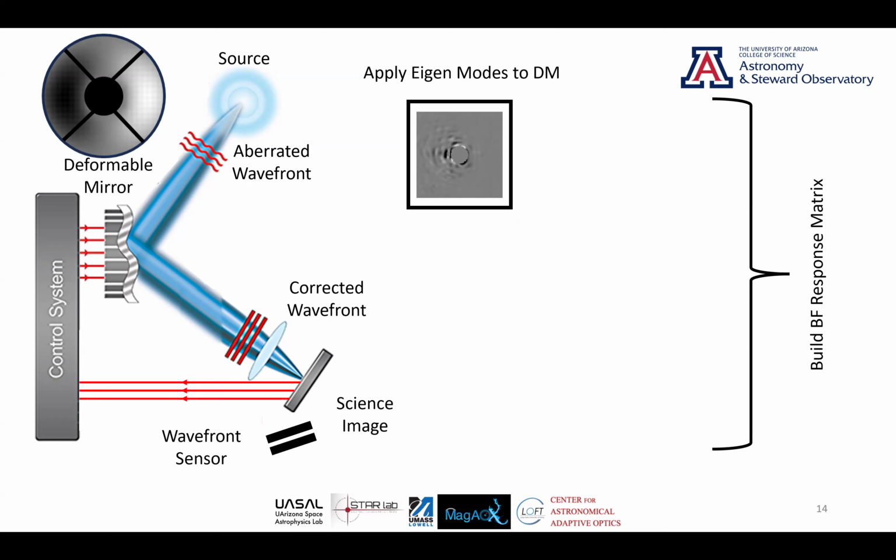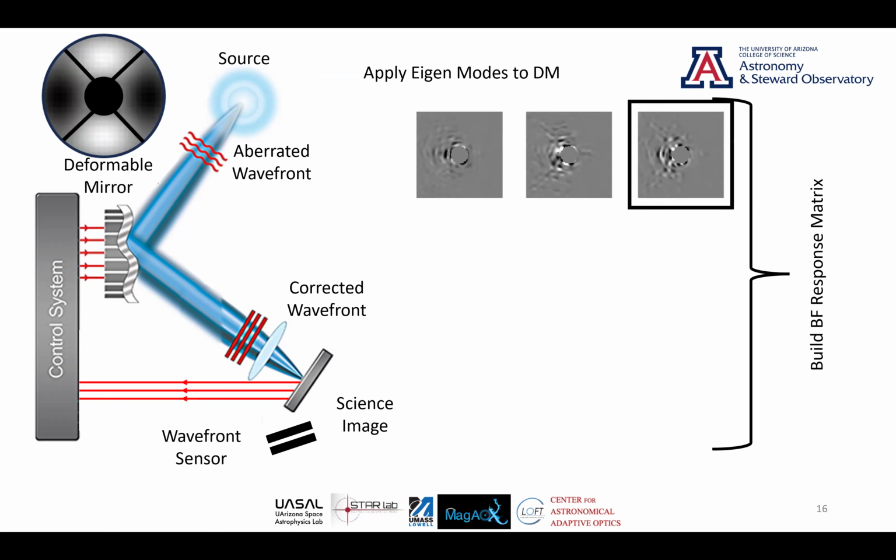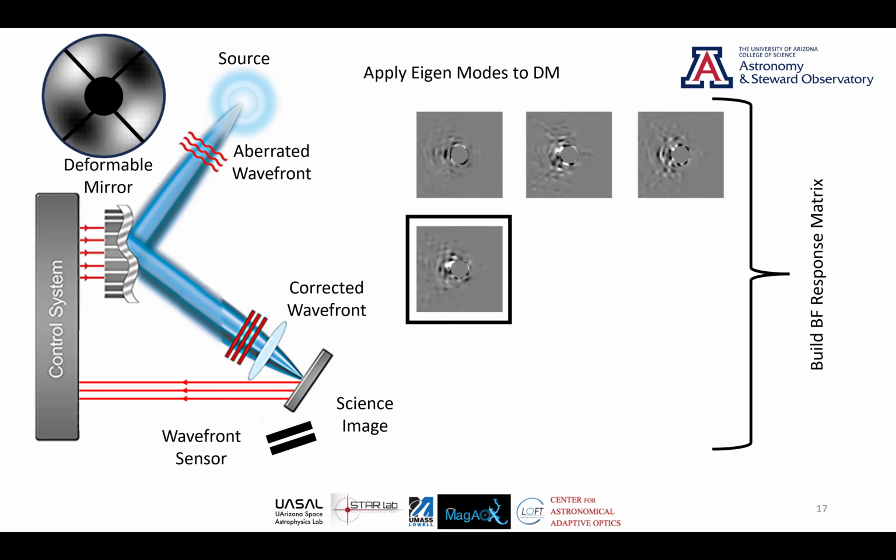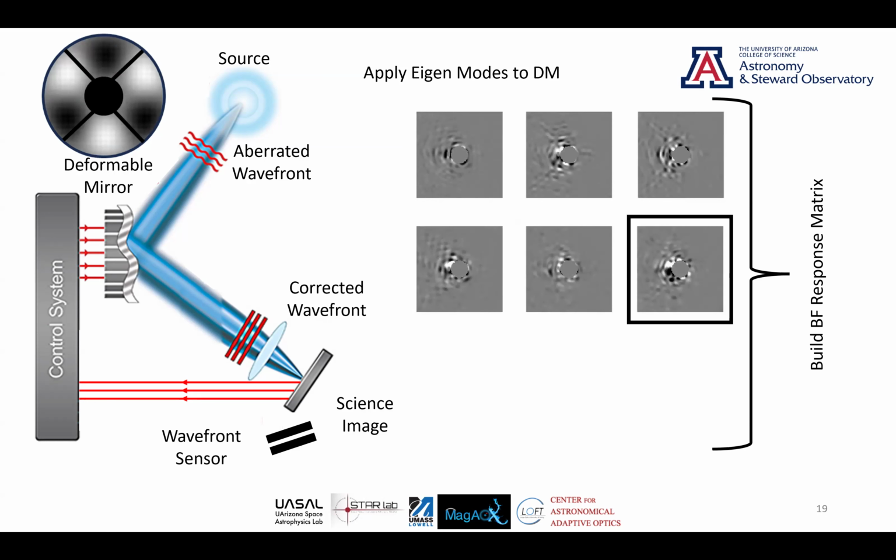I'll show you the first 9, and you'll notice they look very Zernike-esque. You'll see the deformable mirror change up top left, and then I selected a single PSF, so you won't be seeing 2 here, but just 1 PSF. We apply the modes to the DM and we register the response in the focal plane.